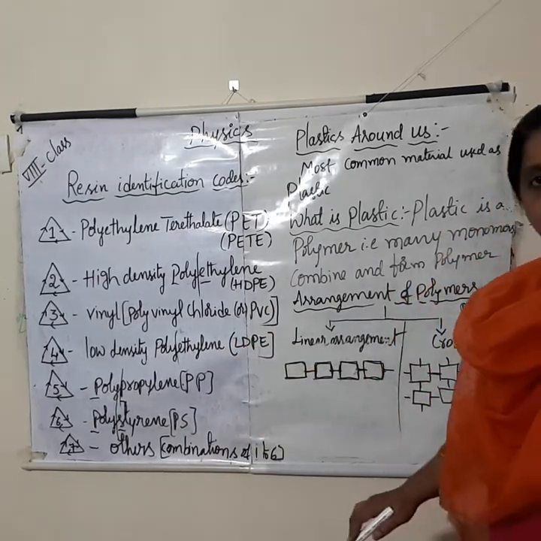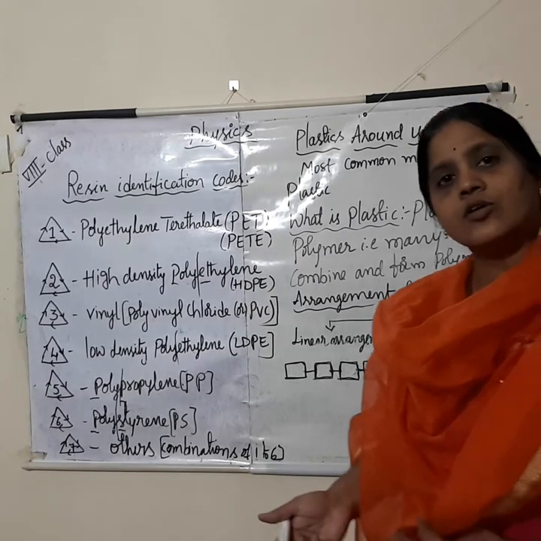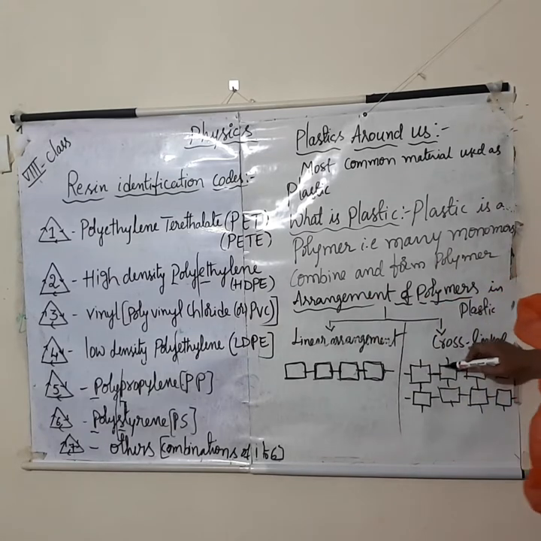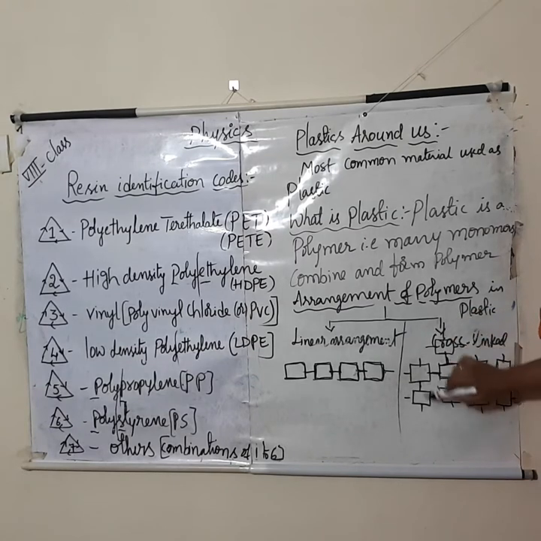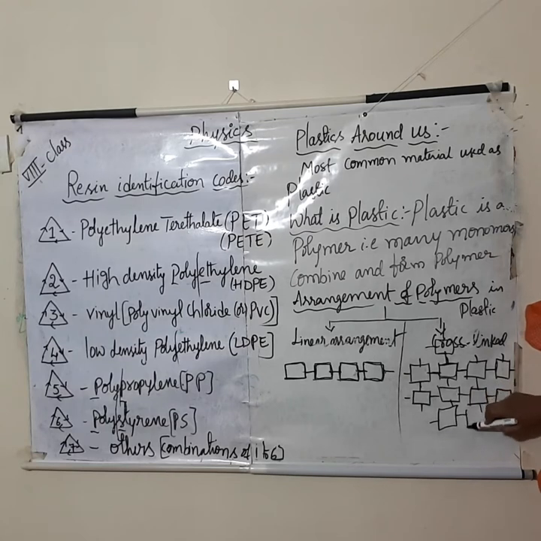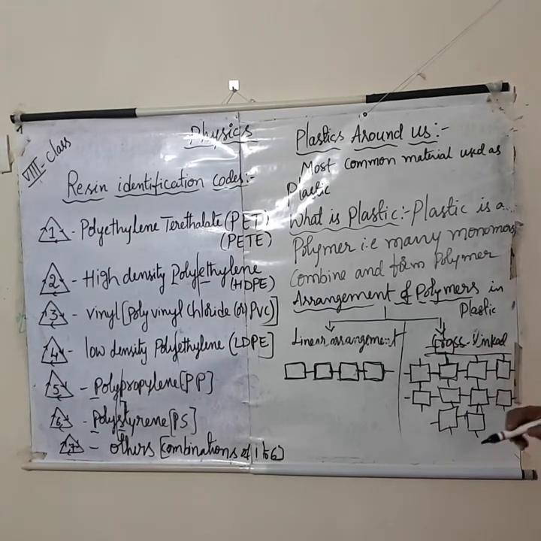The other one is the cross-linked arrangement. That means when you take a monomer, many monomers are joined to this monomer on all four sides. Like this, many monomers are joined. Such an arrangement we call a cross-linked arrangement.